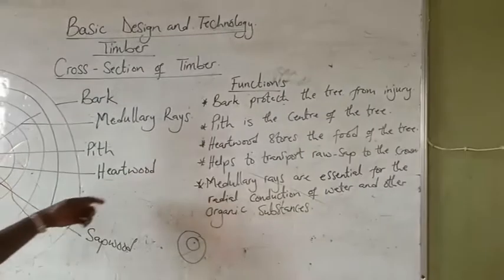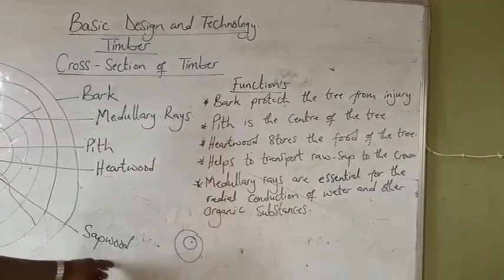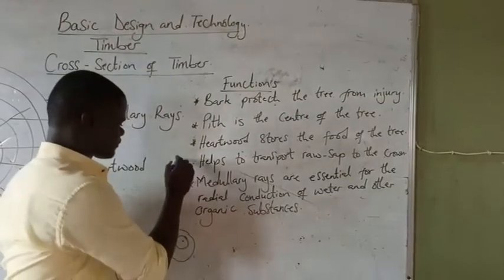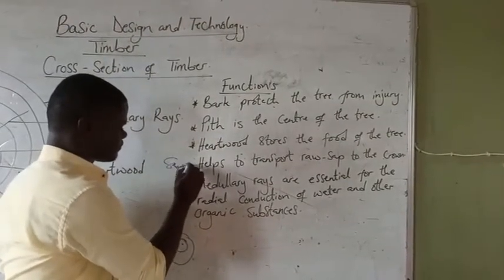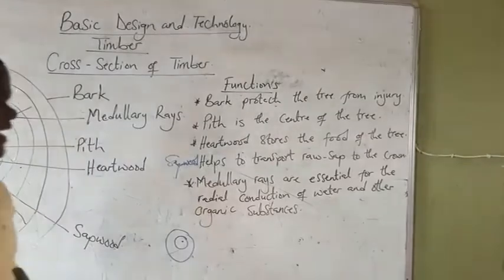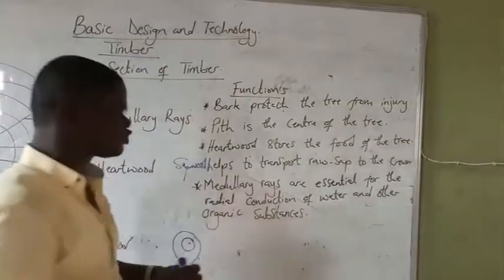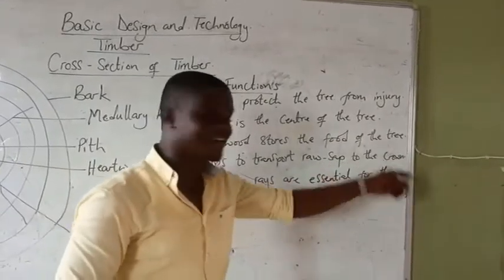Then we also have the sapwood. The sapwood helps to transport raw sap to the crown.